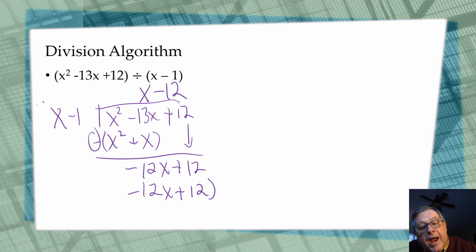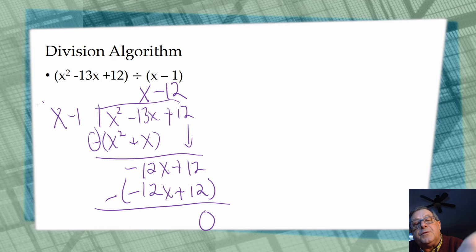We're going to subtract that from the negative 12x plus 12. Remember, the signs change. So therefore, negative 12x plus 12x is going to be 0. And 12 minus 12 is going to also give me 0. I got a 0 remainder. And my answer for this division problem is x minus 12.